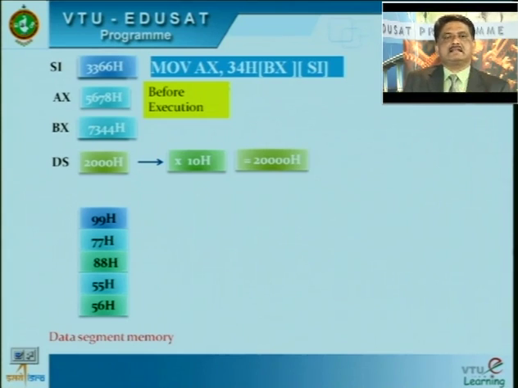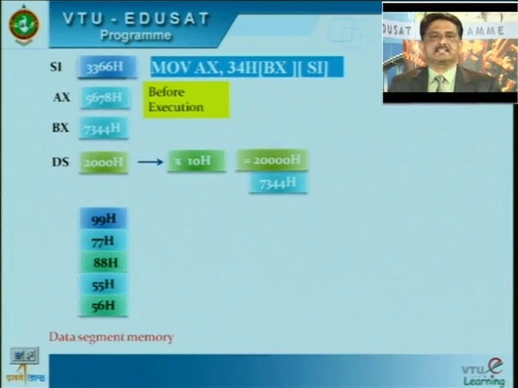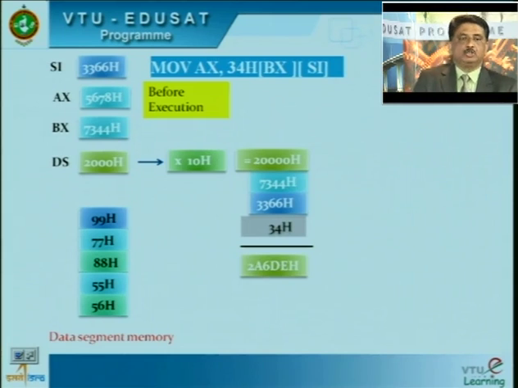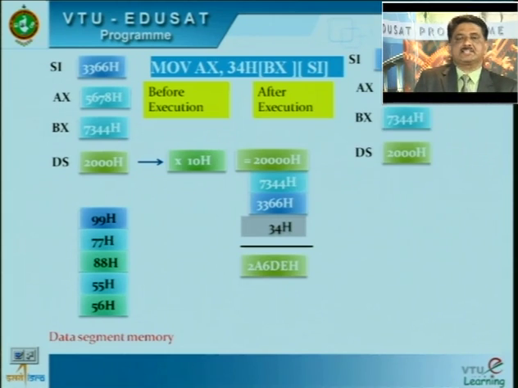That address adder does all this conversion. Now, to this 20-bit segment base, I will add the offset from the different registers, that is the contents of SI, the contents of BX, and then the immediate displacement, that is 34H. So ultimately I get 2A6DEH as my physical address.